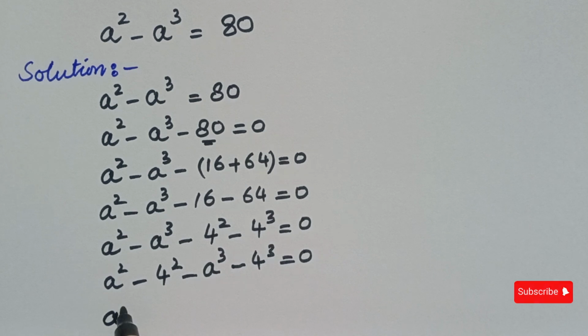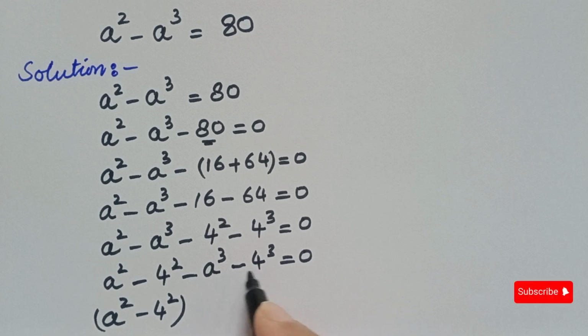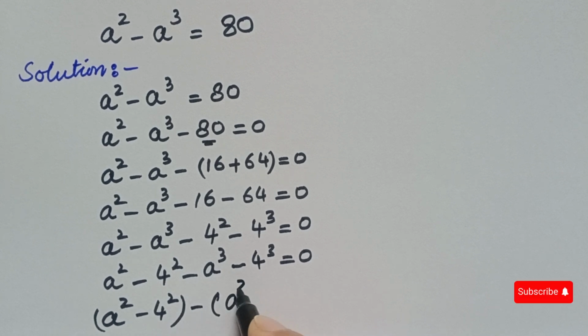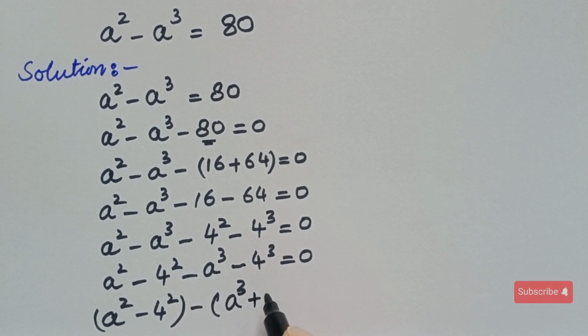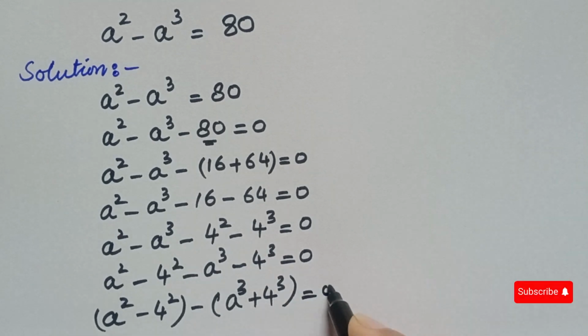So we can now write the parentheses, 4 square in the parentheses, and now we will write this expression in the parentheses. But when we write this expression in the parentheses, this minus will become plus: a cube minus will become plus 4 cube is equal to 0.